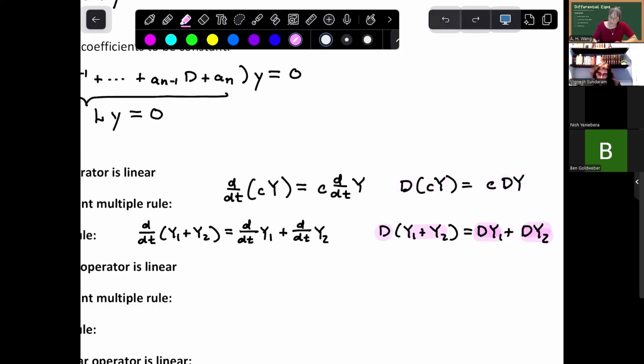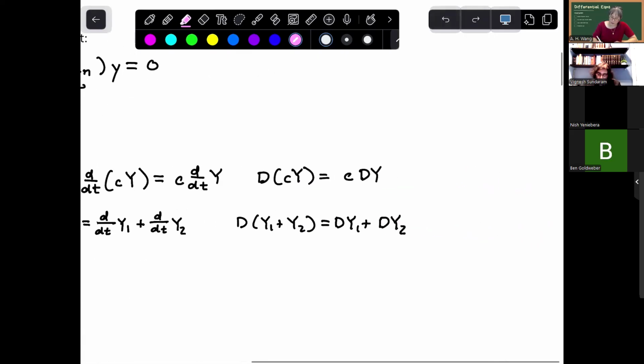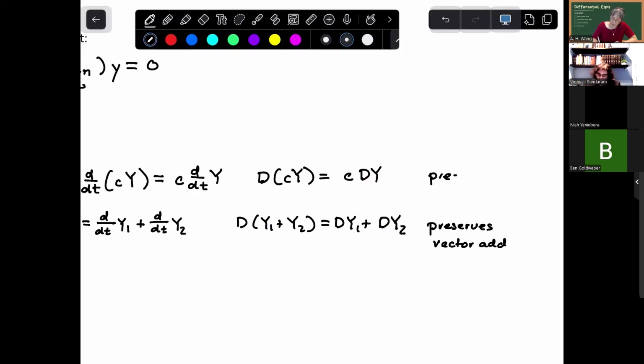So this first thing preserves vector addition. And then this is preserves scalar multiplication. If you've taken linear algebra, vectors are more than just arrows. They can be anything. So what you have here is preserving addition and preserving scalar multiplication.